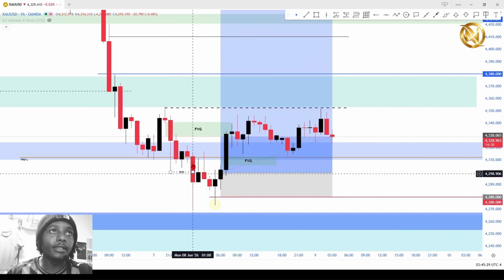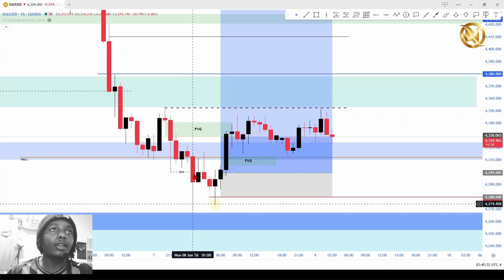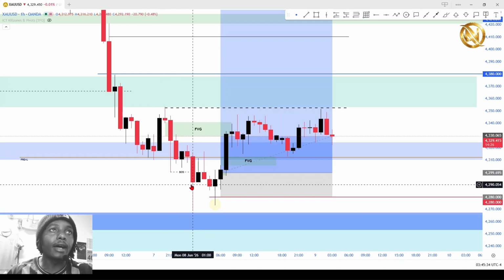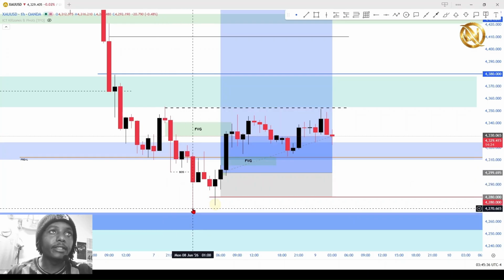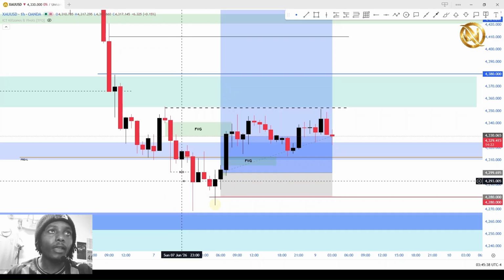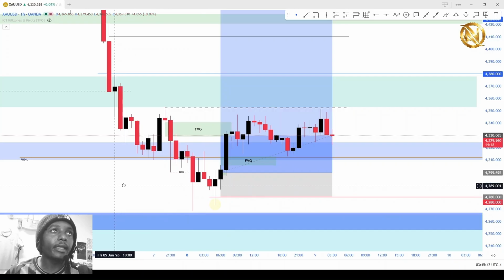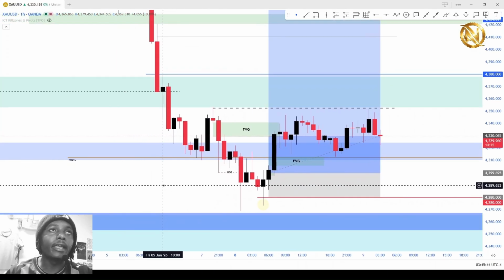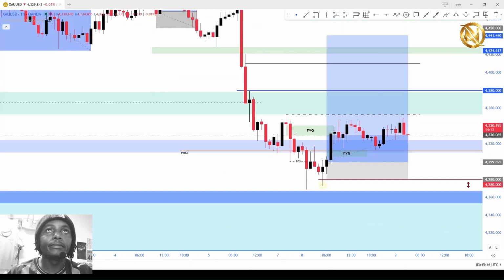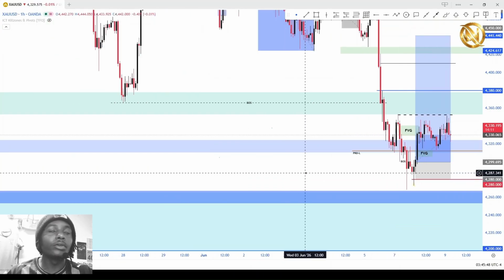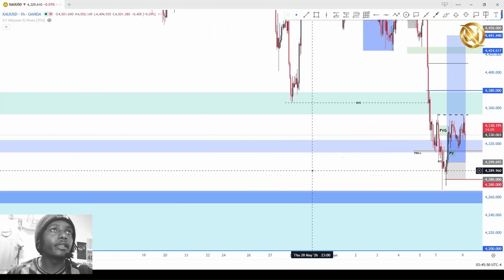Then we had this candle cross that had a strong displacement after sweeping liquidity on the left, as you can see, but I won't go into depth on it.